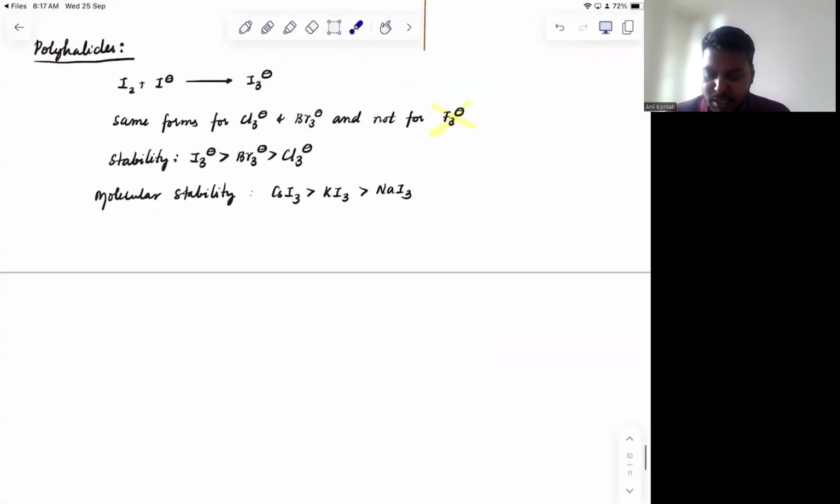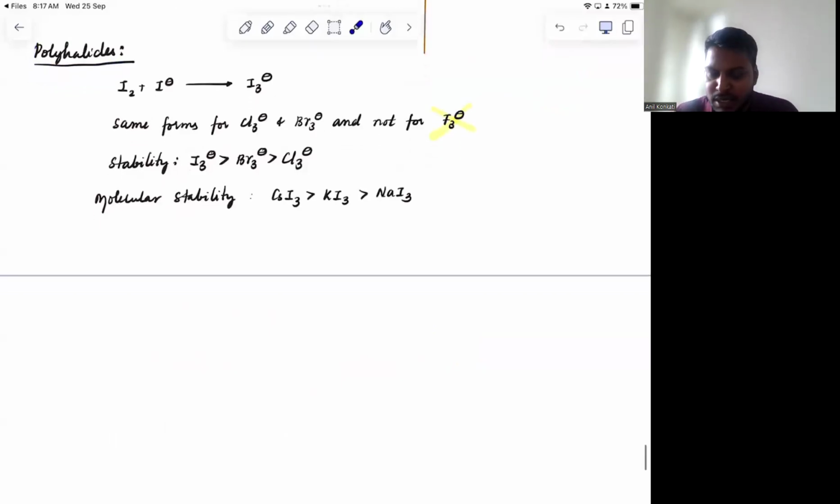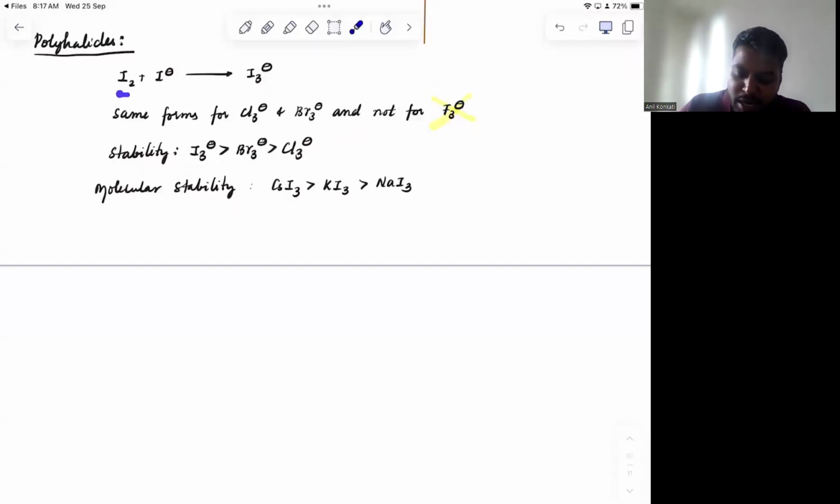Okay. And next you see polyhalogens, polyhalides. That is when you have halides reacting with halogens or interhalogens. If halogens or interhalogens react together, then we get polyhalides. So that is I2 plus I minus giving you I3 minus.